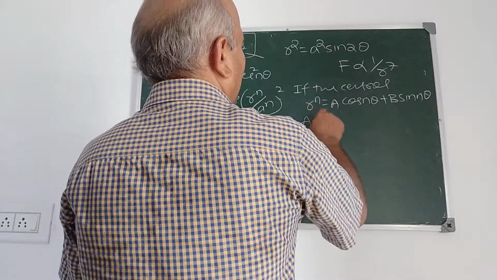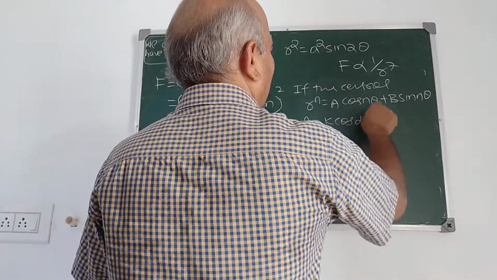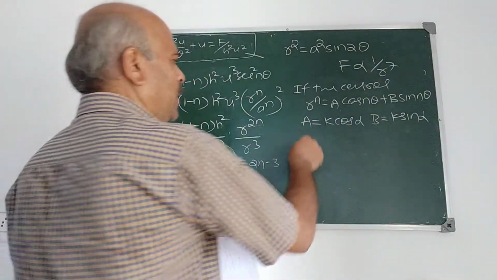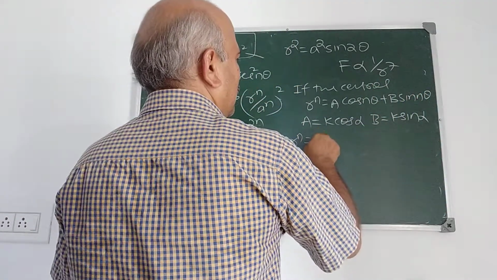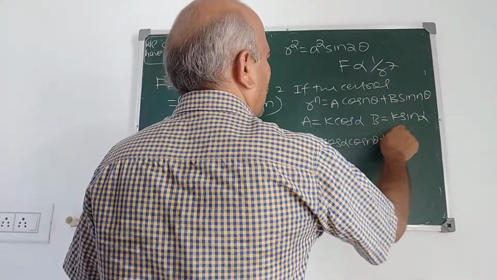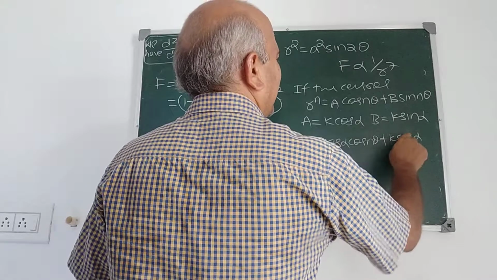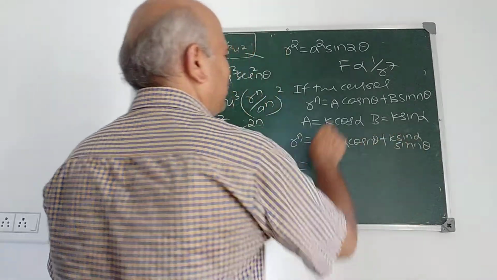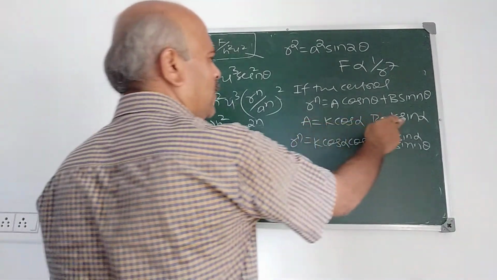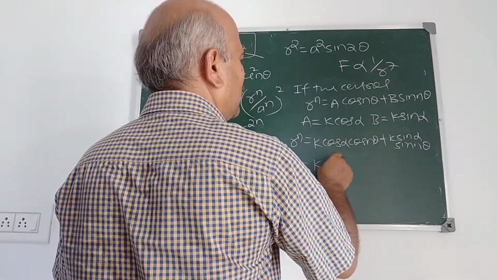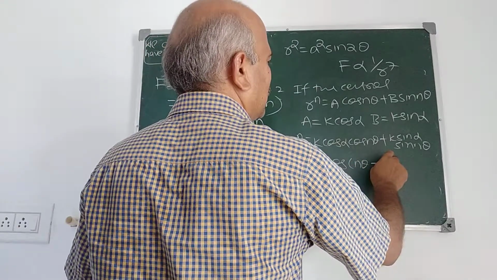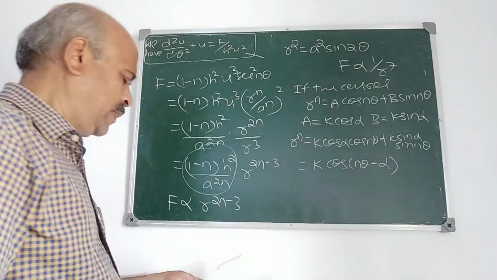Here we take a is equal to k cos alpha, b is equal to k sin alpha to make differentiation easier. So r raised to n is k cos alpha cos n theta plus k sin alpha sin n theta, which simplifies to k into cos of n theta minus alpha.